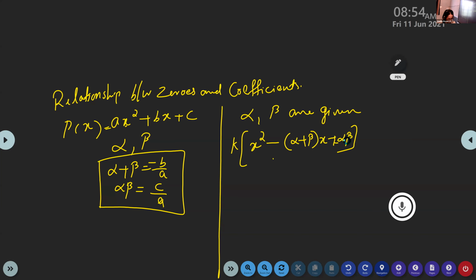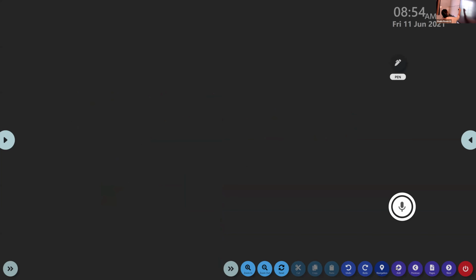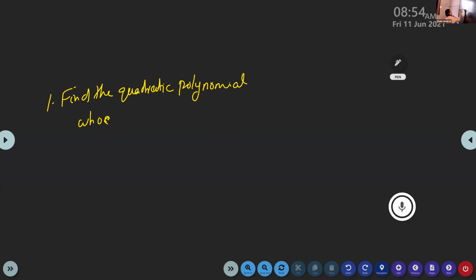Find the quadratic polynomial whose zeros are -4 and -3.